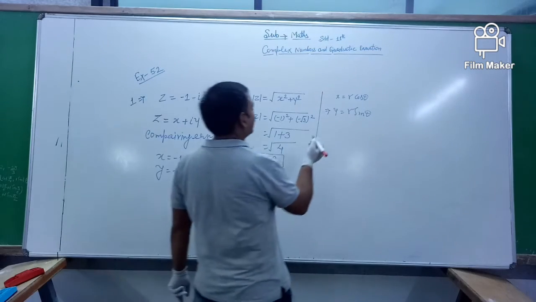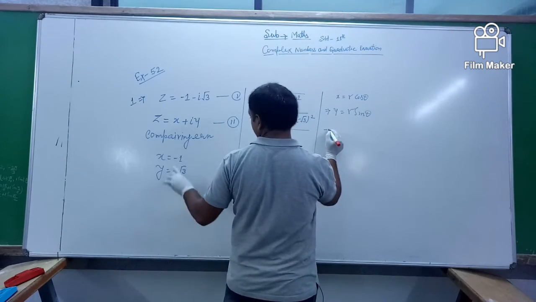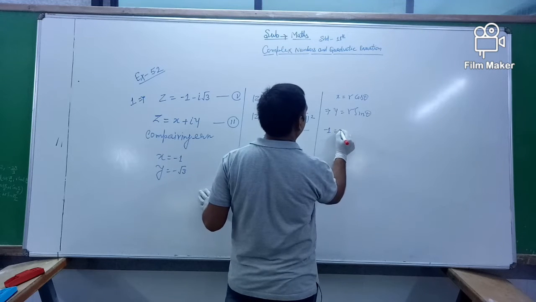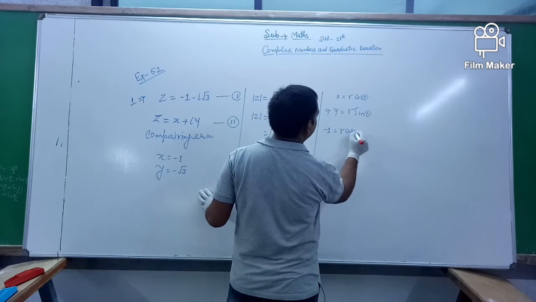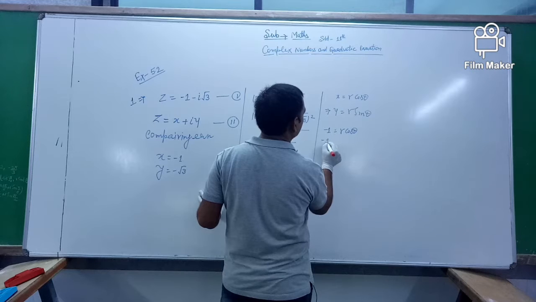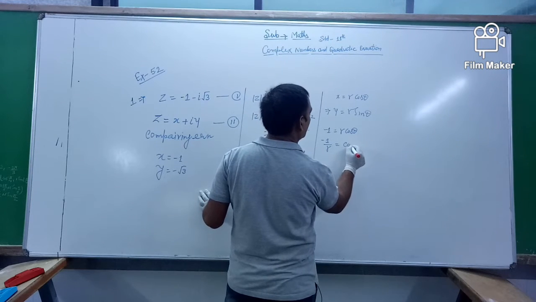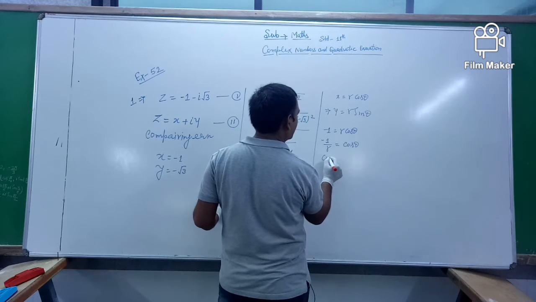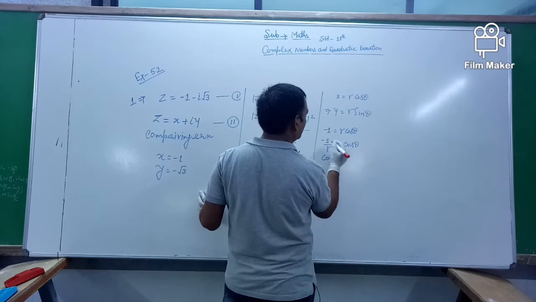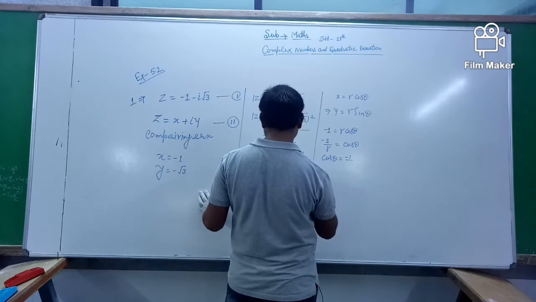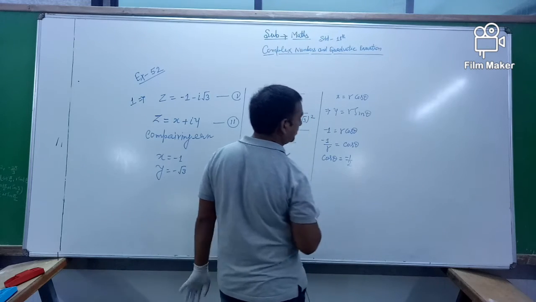Then you see x is equal to minus 1 is equal to r cos theta, either minus 1 upon r, that is equal to cos theta, that is equal to minus 1 by a value of r, that is equal to 2.